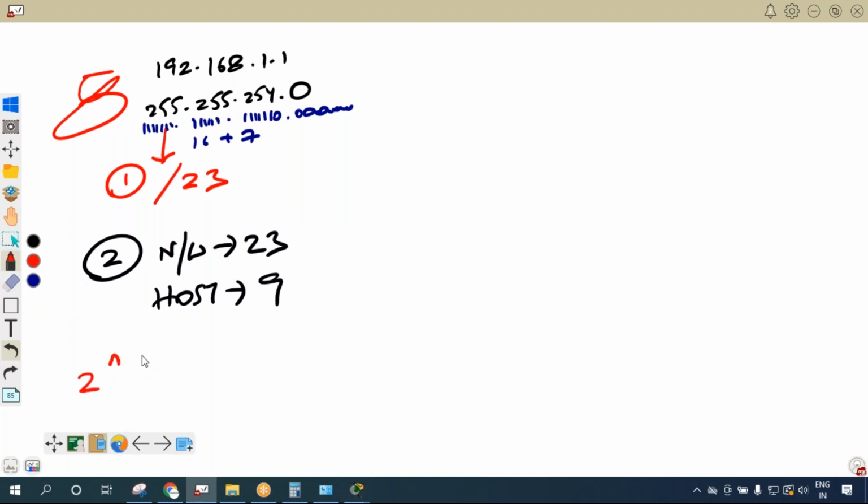So we get 2 raised to 9. If you multiply 2 eight times, you get 256. If you multiply 2 nine times, it is 256 into 2, you just have to double that last value, which is 512. 2 raised to 8 is 256, we all know. 2 raised to 9 will be 256 into 2, simple, double.